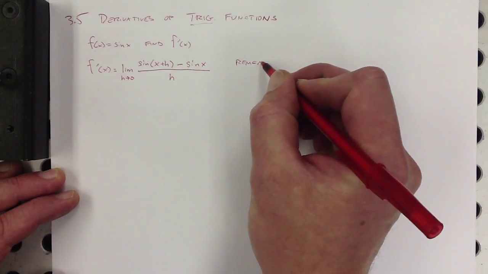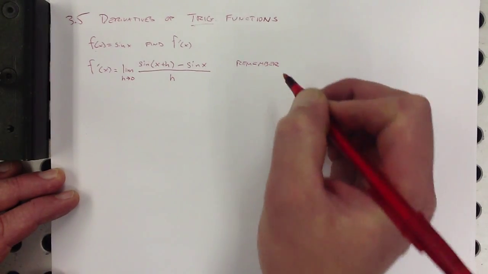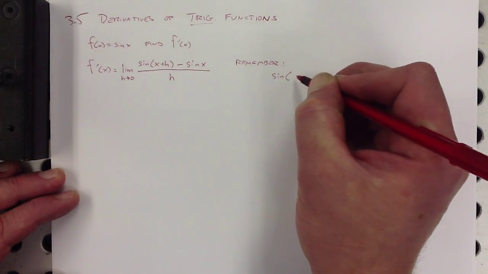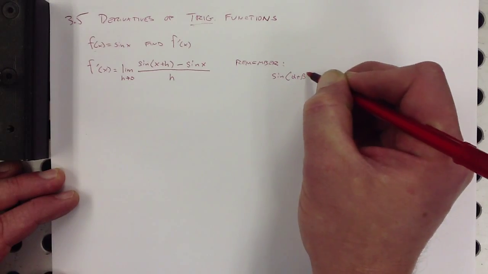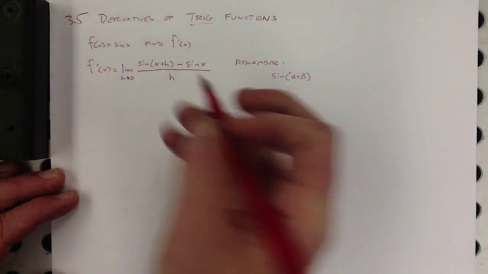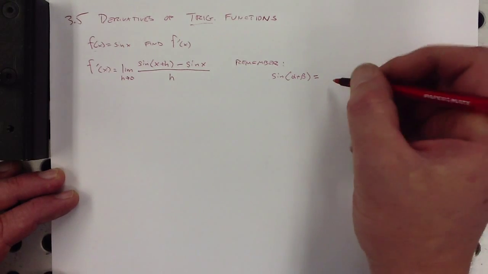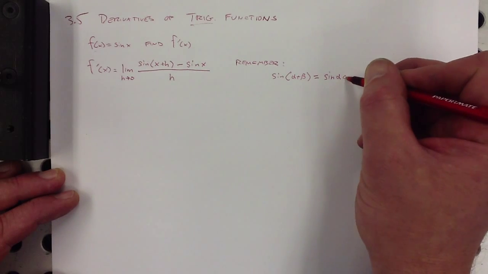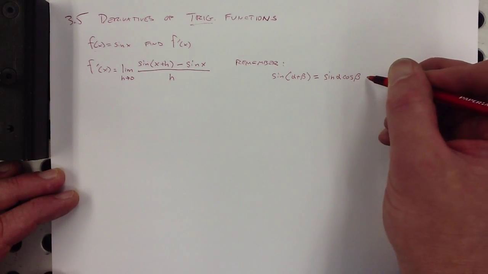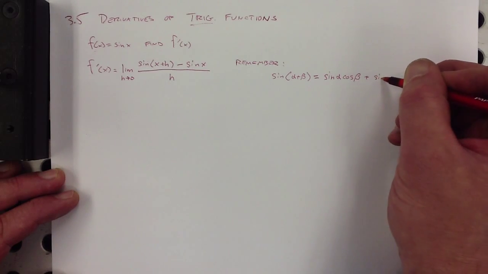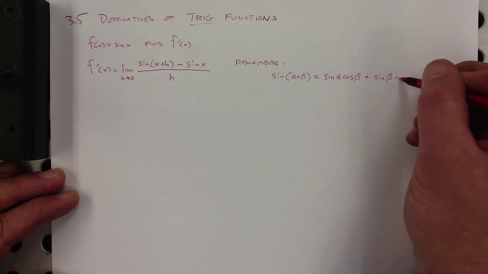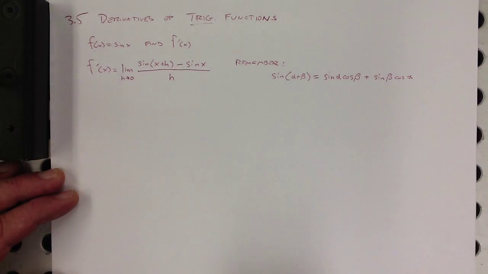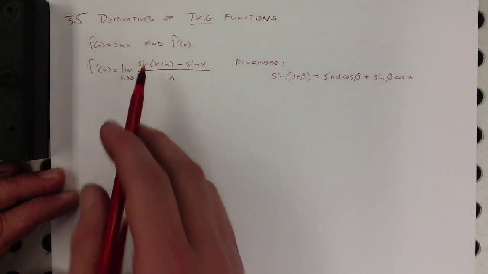Remember in the good old days in pre-calculus, you learned that the sine of alpha plus beta, or x plus h in this case, is equal to the sine of the first one times the cosine of the second one plus the sine of the second one times the cosine of the first one. It was like the product rule in a way, don't you think? So let's apply that here and see what happens.